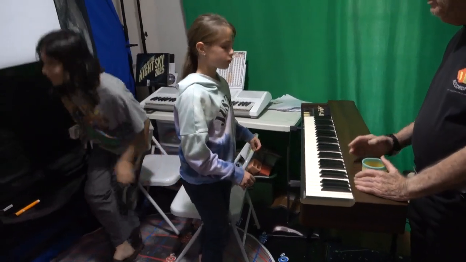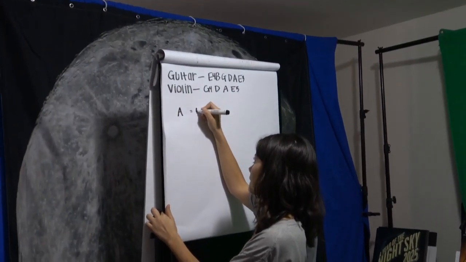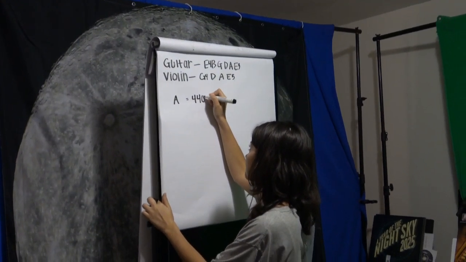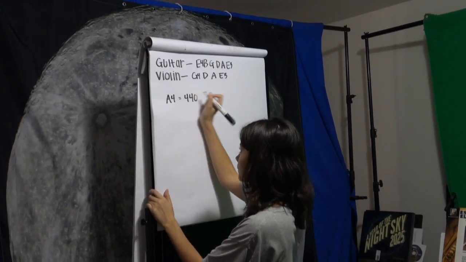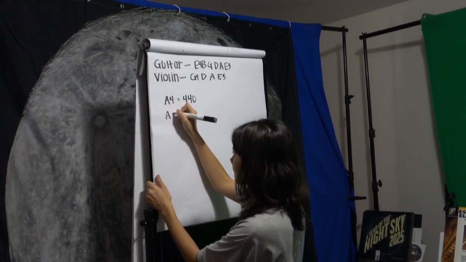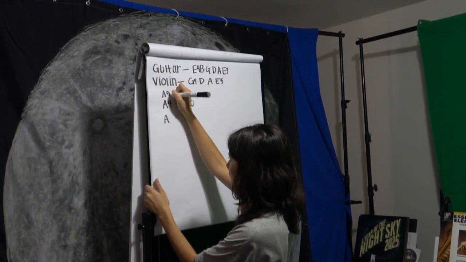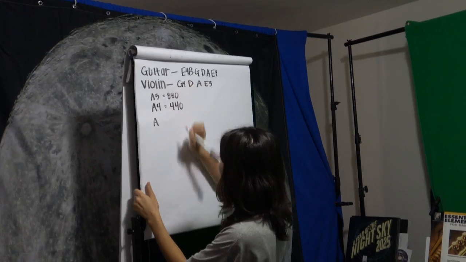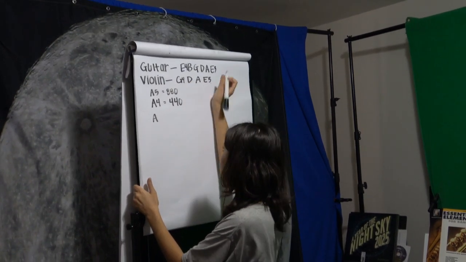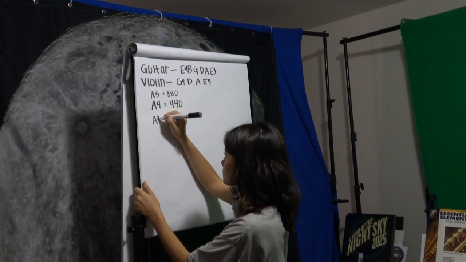A equals 440. Okay, that's A4. A5 equals 880, above it. And A3 equals 220.